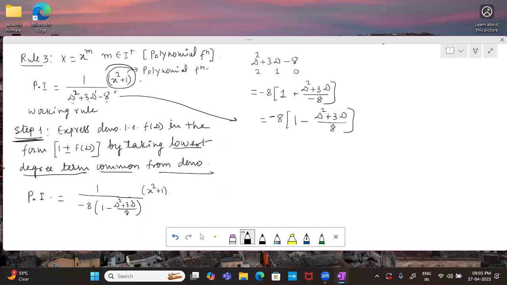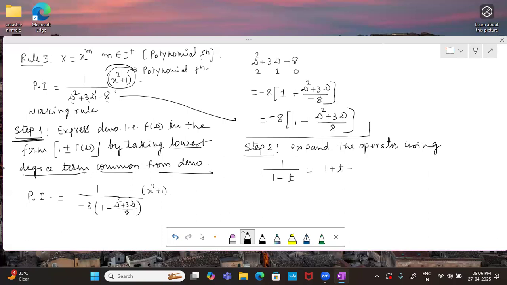In the second step, step 2, expand the operator using 1 upon 1 minus t is equal to 1 plus t square plus on up to t raised to m.